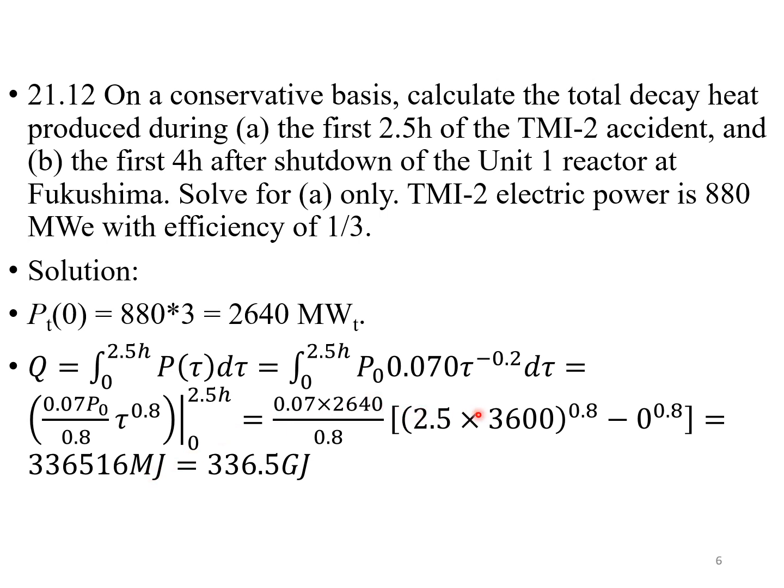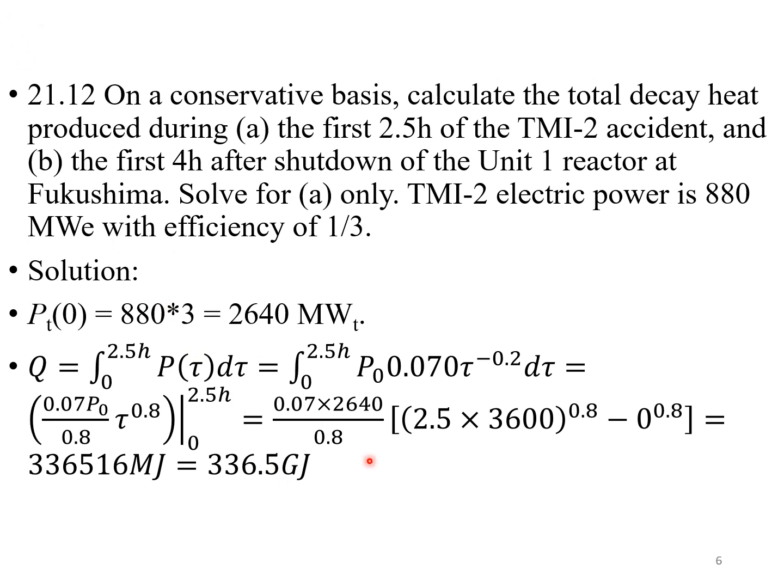We evaluate tau from 2.5 times the number of seconds in an hour, minus 0 seconds. Then use your calculator, and you can calculate this final result in megajoules. The unit follows the P0 unit. Here we use megawatts, so the result is megajoules. You can further convert it to gigajoules.